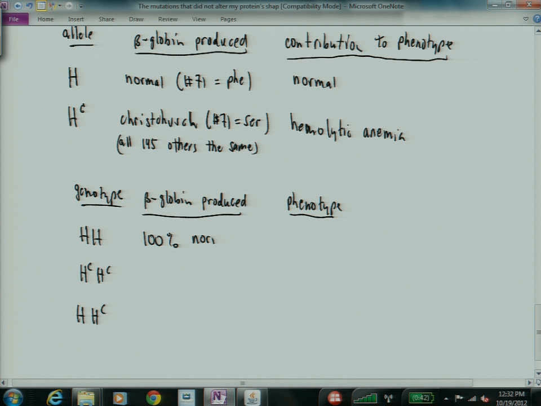The first allele is going to make 50%, and is that going to be normal or Christchurch? Christchurch. The other allele is going to make 50% Christchurch. So what do you got? 100% Christchurch. And the phenotype of the normal one is normal, and the phenotype of 100% Christchurch is hemolytic anemia.